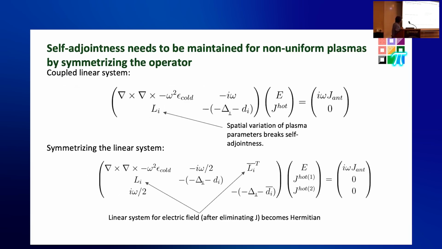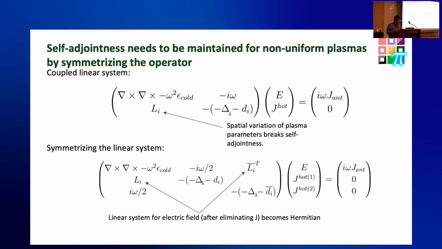There's one thing which we found later. In our plasma, there is a spatial dependence. In other words, density and magnetic field change in space. So if we write that equation like this, then this is not symmetric.